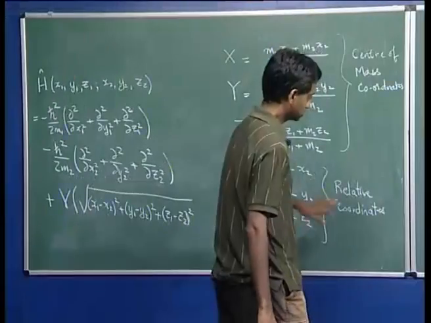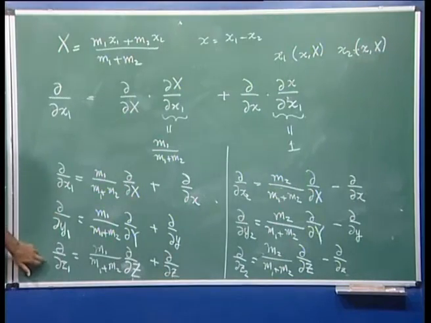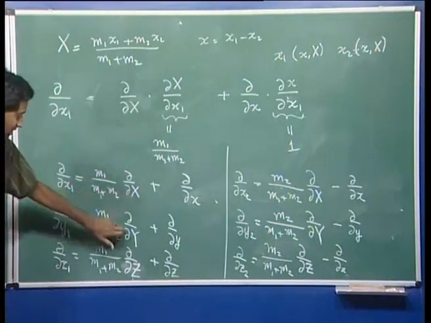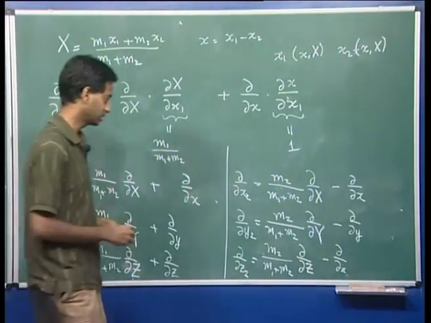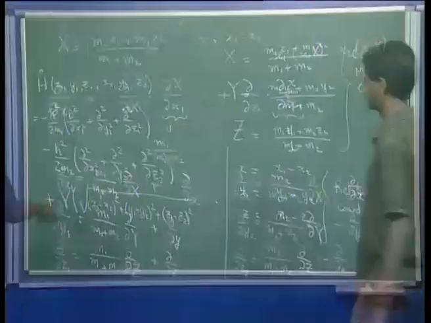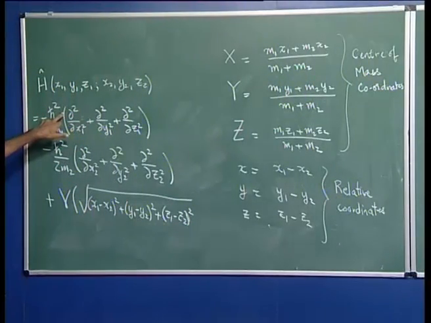Okay. So, this completes the first part of the exercises, where we wanted to express derivatives with respect to x1, y1 and z1 and x2, y2, z2 in terms of derivatives with respect to capital X, Y, Z, little x, little y, little z. Now, the next part is to take this expression and substitute it here. In order to do this, you have to calculate the second derivative.